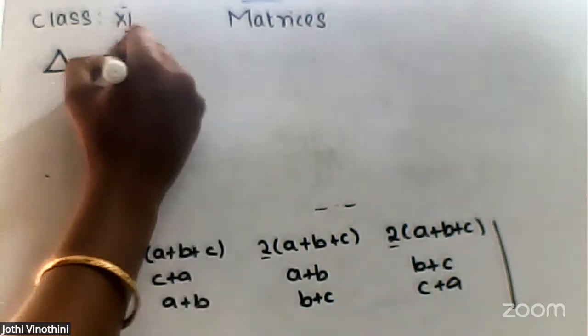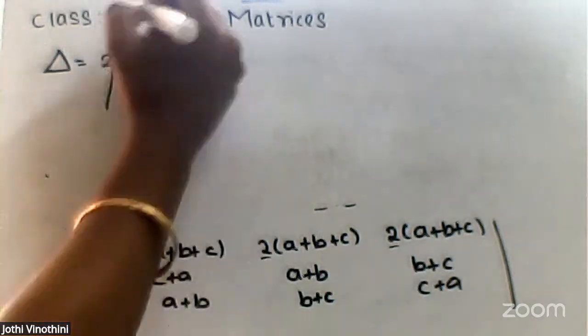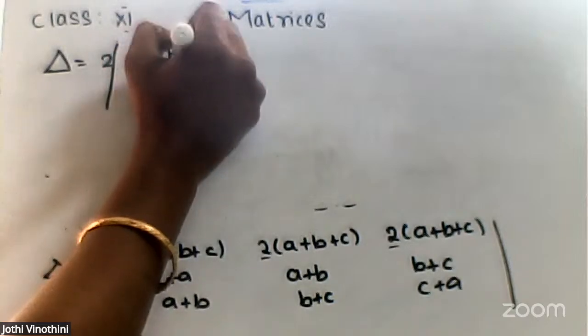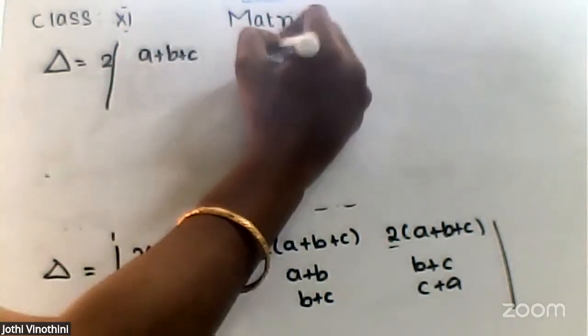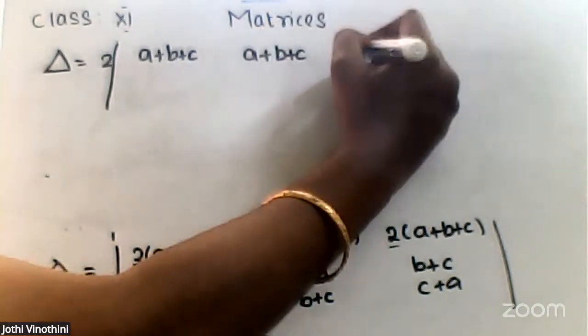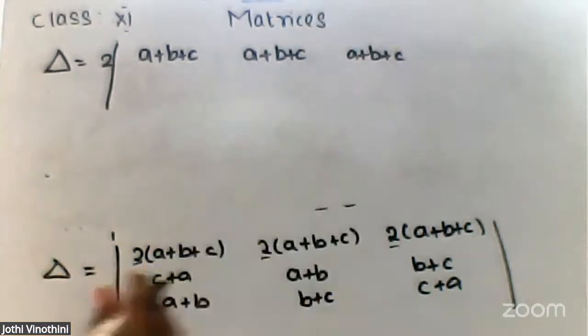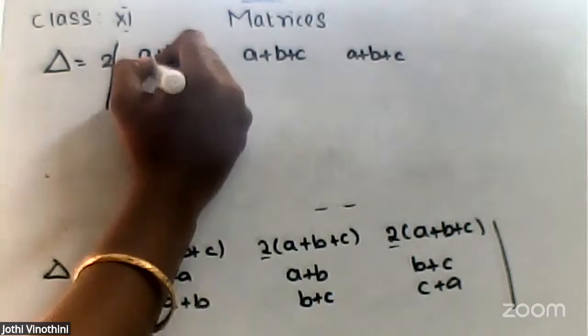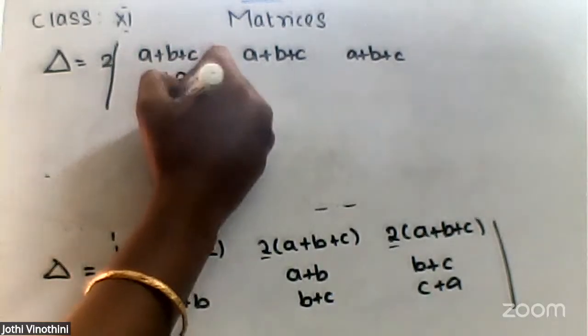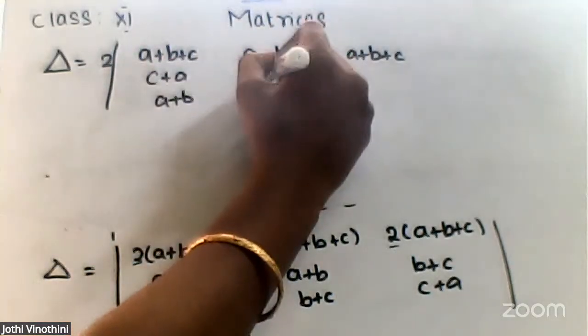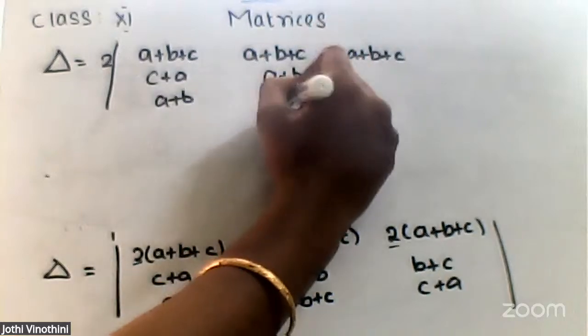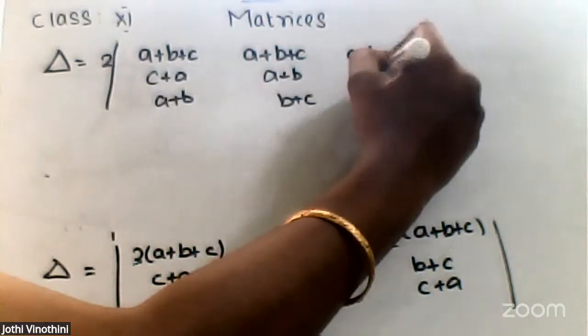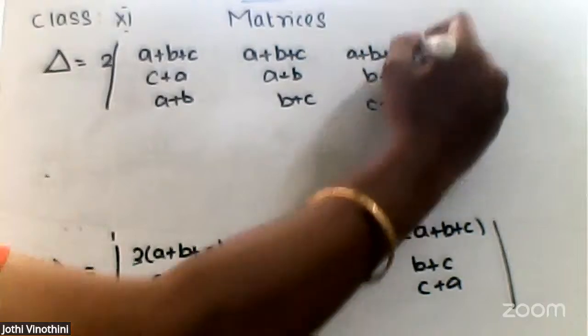In row 1 we have a plus b plus c, a plus b plus c, a plus b plus c. Rows 2 and 3 remain the same: c plus a, a plus b, b plus c; a plus b, b plus c, c plus a.